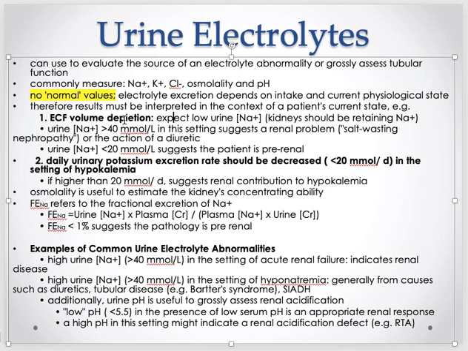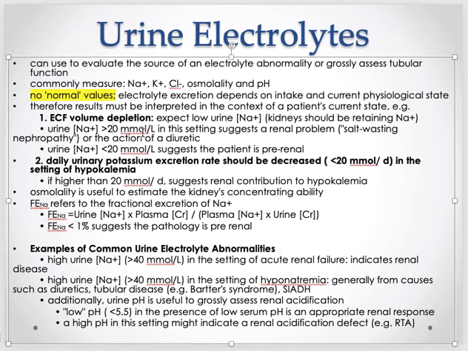So what it means, see, we should expect low urine sodium. Why? Because the kidneys should be retaining sodium. The sodium is needed inside the body. So in this condition, if you find that the urine sodium is more than, sorry, it's not 40, it's basically 20 millimole per liter, okay?